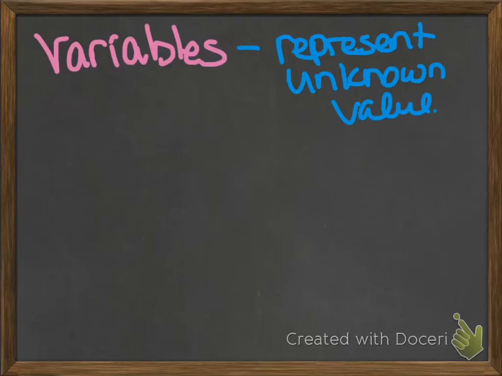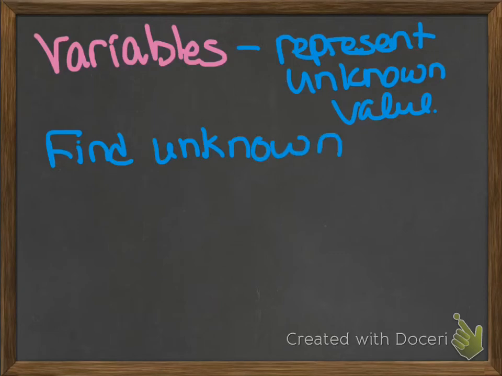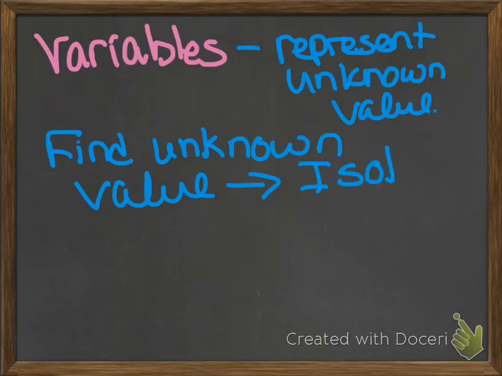So if I want to find the unknown value, then I need to isolate it in an equation. What does isolate mean? Alone.